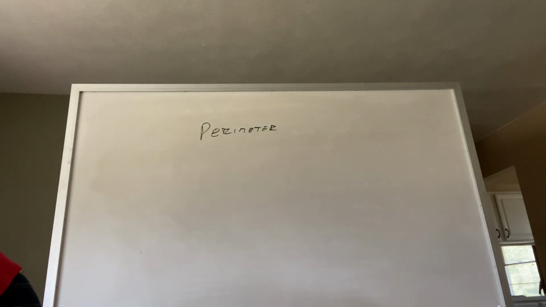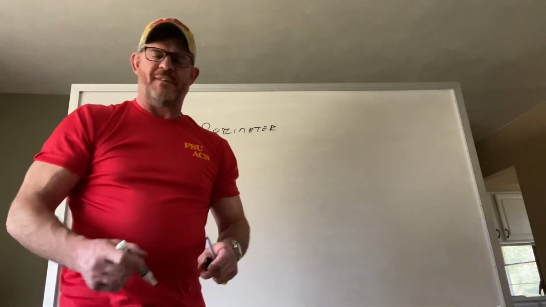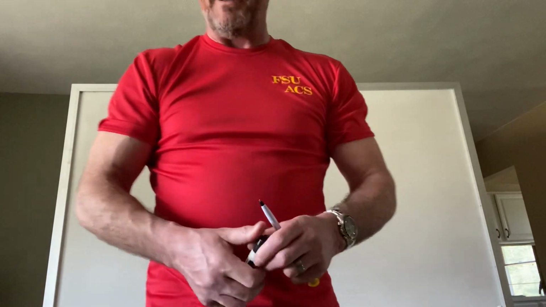So our perimeter... all right, I don't have it in my notes. So therefore I am going to stop right there. We will look at this one next because I have it. I just don't have it with me in these notes right here.